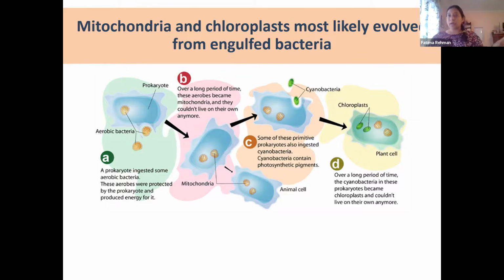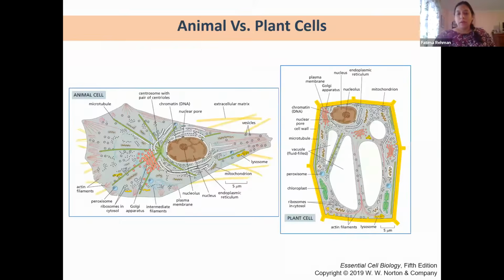So it was an anaerobic eukaryote that, as it was going about eating little organisms, ate a prokaryote, ate mitochondria that allowed it to become aerobic because it could still replicate and divide inside. And in the case of chloroplast, it then engulfed and ate a chloroplast that allowed it to become a plant cell that could make its own food as well.